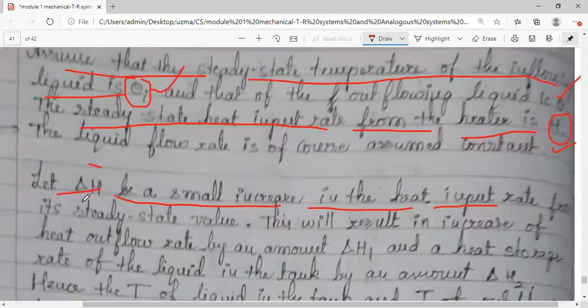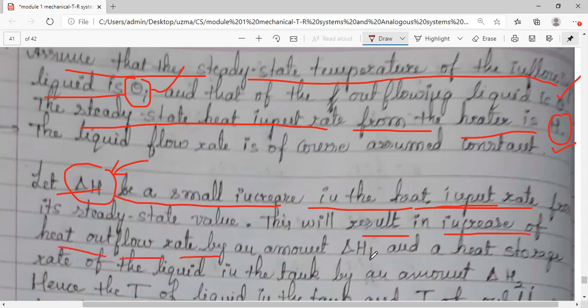If this is your heat input rate change from the initial value, then because of this change, first, this will result in an increase of the heat outflow rate by the amount delta H1. Heat outflow rate will increase.